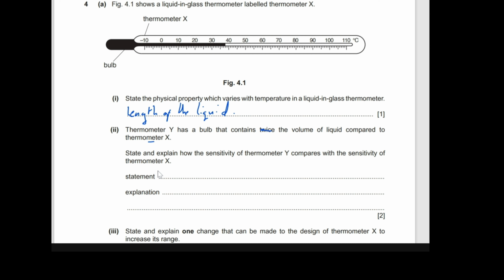So we can see that Y is more sensitive compared to X because it has more volume there.